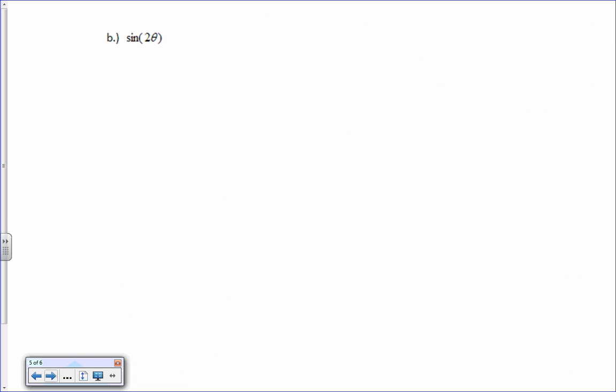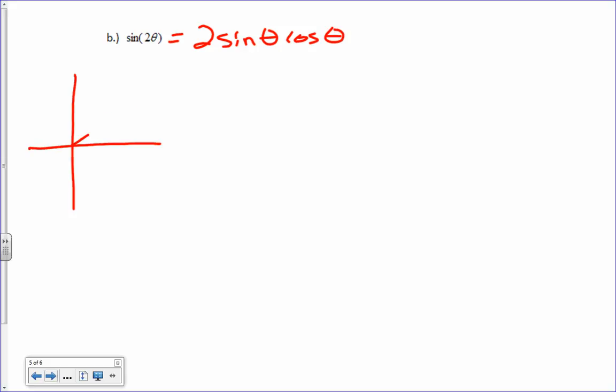All right. Sine of 2 theta. Well, at least we don't have any choices. We already have our picture, but I don't have it here, so I'm going to draw it again. That's the picture for theta, not 2 theta, just theta, not the double one.